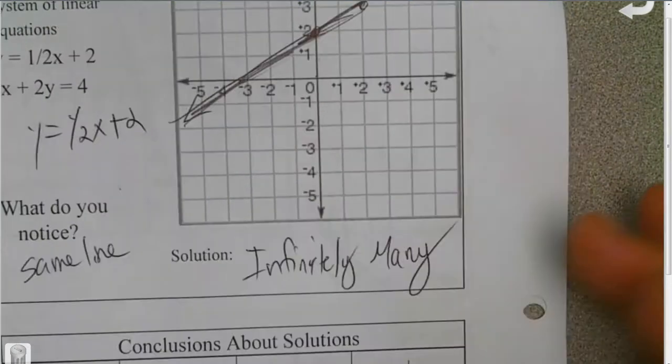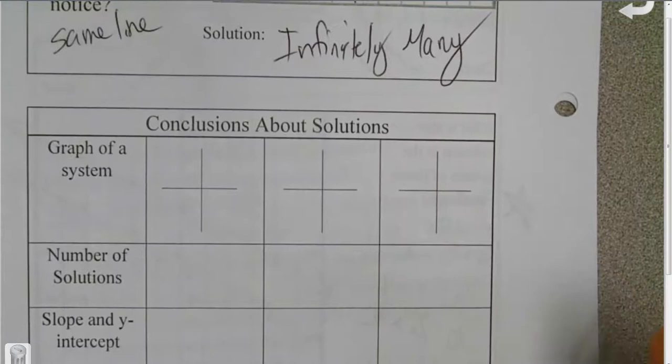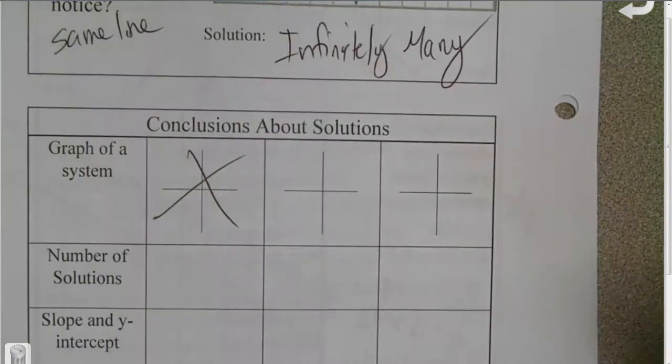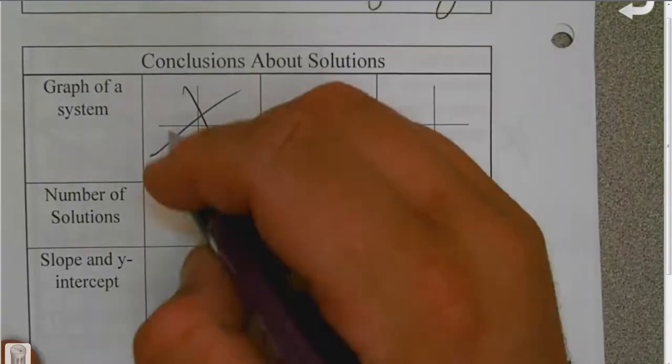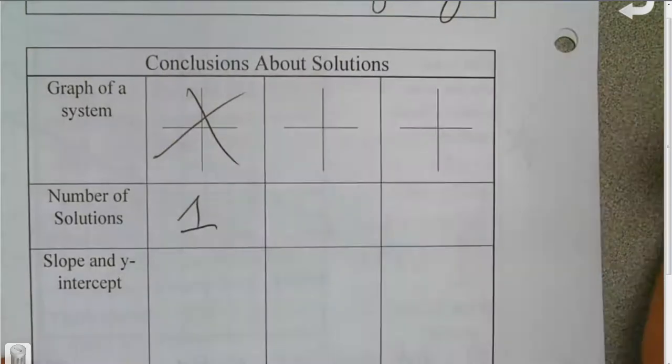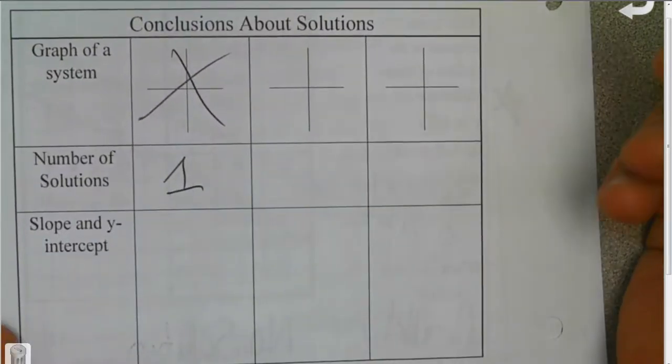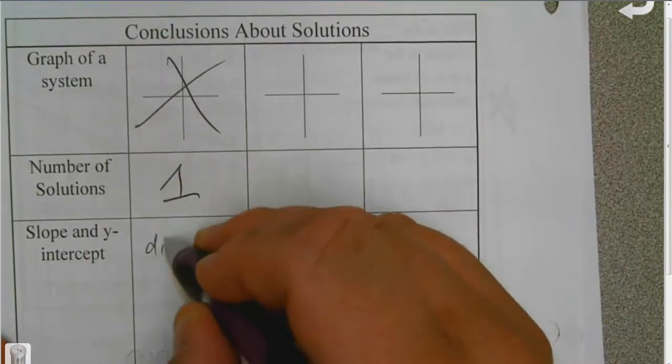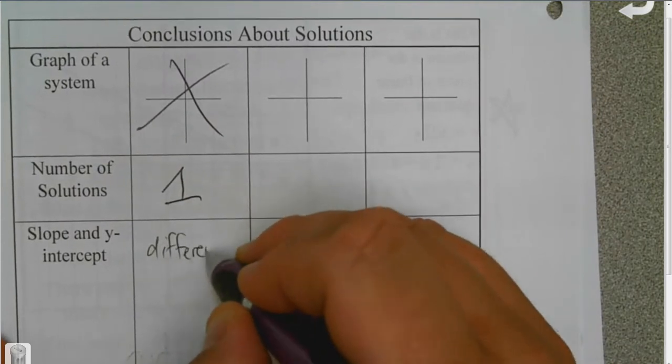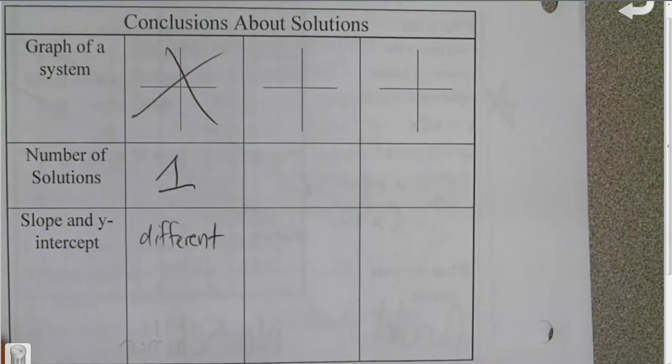So let's come up with some ideas. If your graph crosses in exactly one spot, they have one solution. The slopes will be different, and so will the y-intercepts.